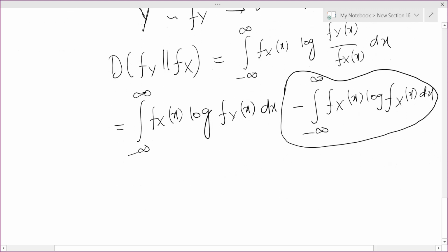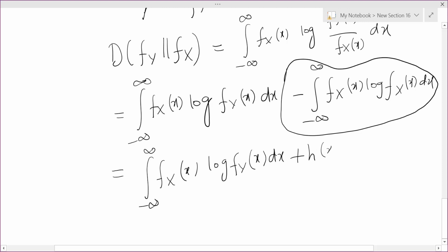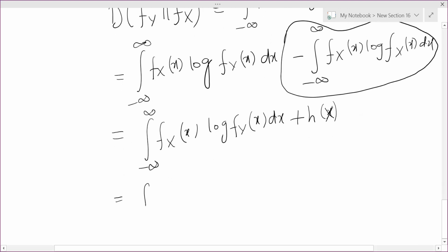This is simply h of x, so it becomes the integral of fx of x log of fy of x dx, and this becomes plus h of x. And we know the value of that h of x.